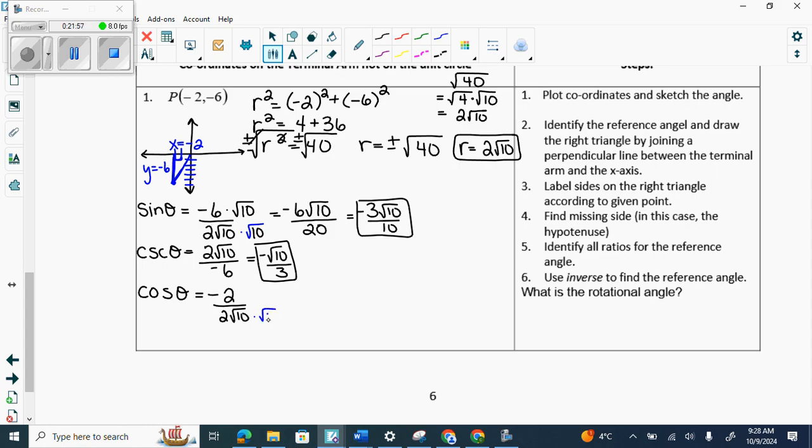I'm going to go root 10, root 10. And so I get negative 2 root 10 over 2 times root 10 times root 10. Root 10 times root 10 is 10. 2 times 10 is 20. And then I need to reduce. Take a 2 out of both of those coefficients. And I get negative root 10, or negative 1 root 10 is totally fine, over 10.